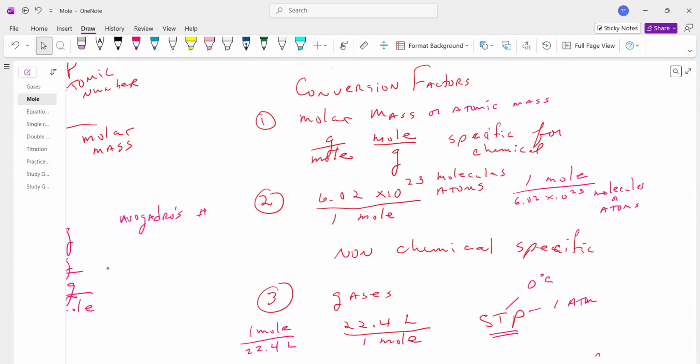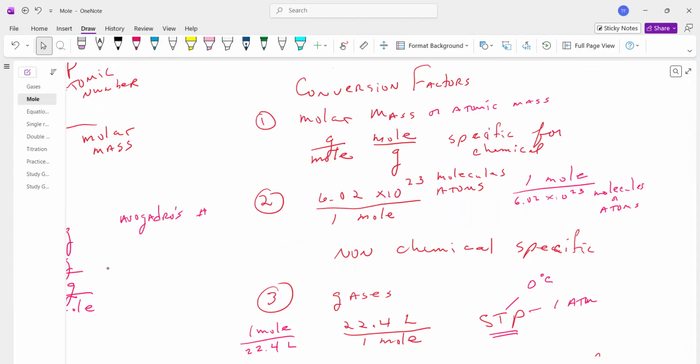Yep, exactly. I have a saying that we're going to be using the rest of the semester: if in doubt, convert to moles. Because moles is central to everything.